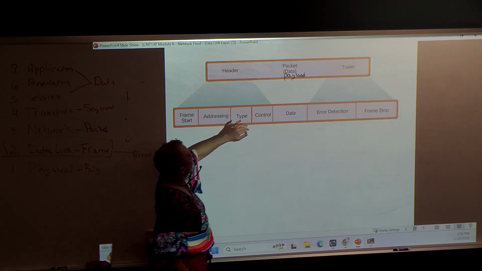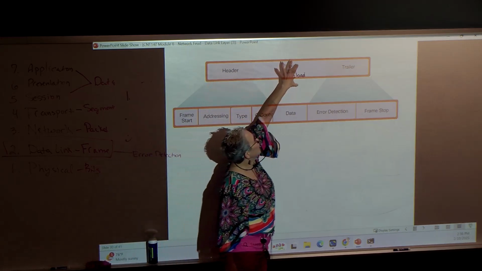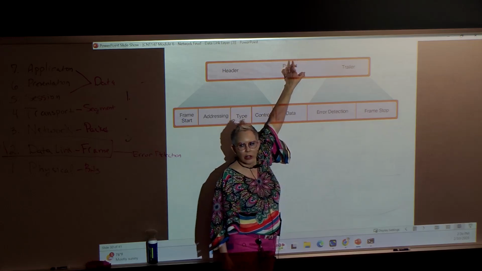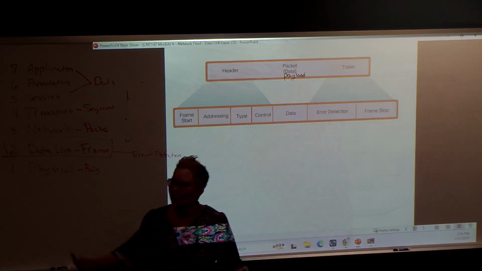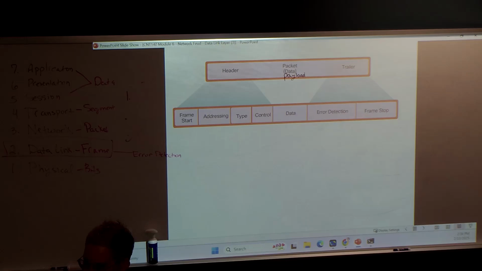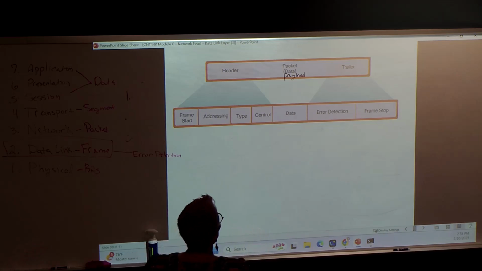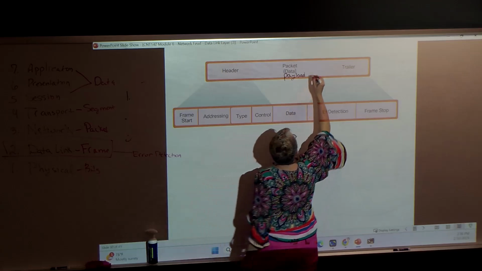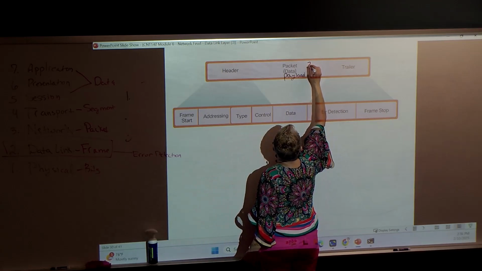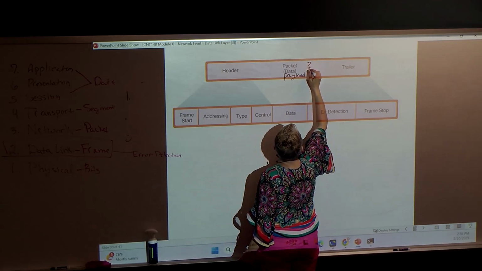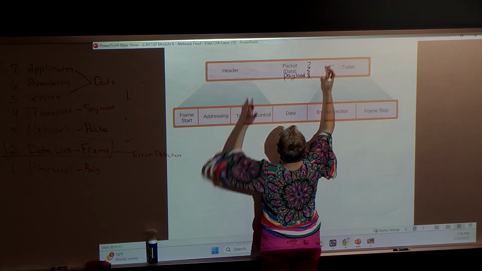Now, what will I find inside of here? The data, everything from the upper layers. What I want you to make sure you know is you're going to find everything from layer 7, 6, 5, 4, and 3 in here.